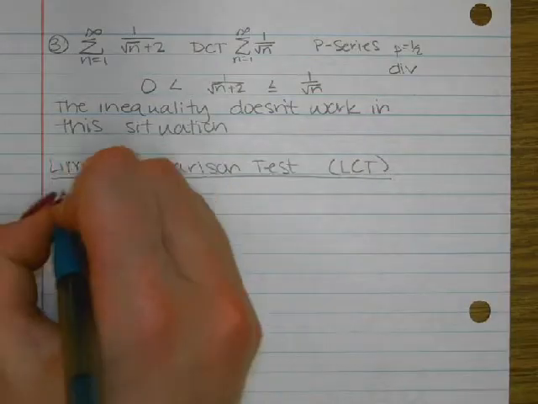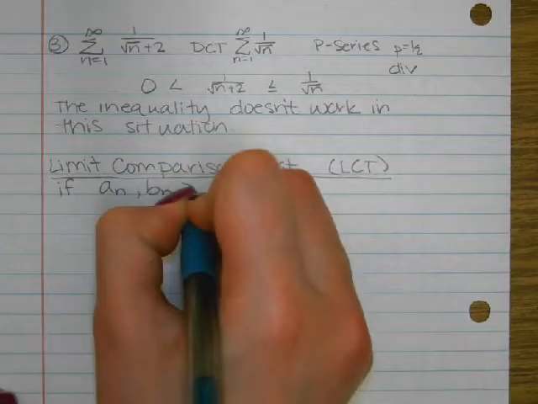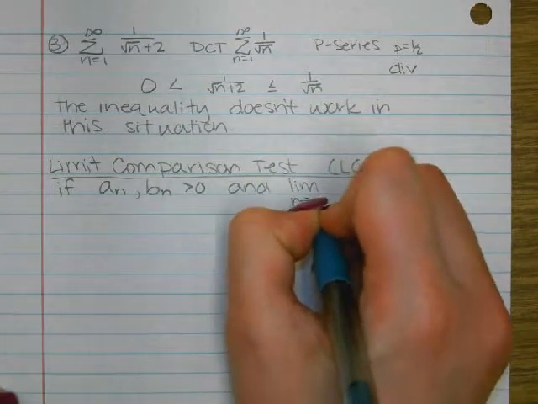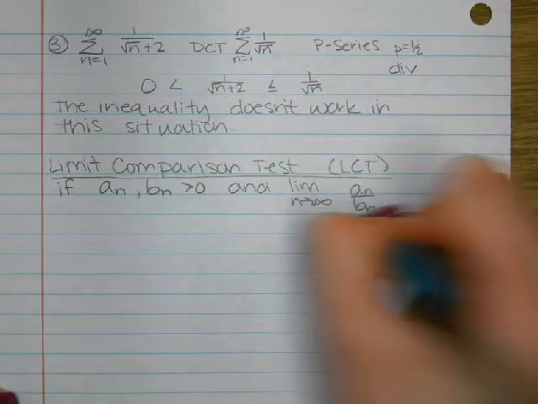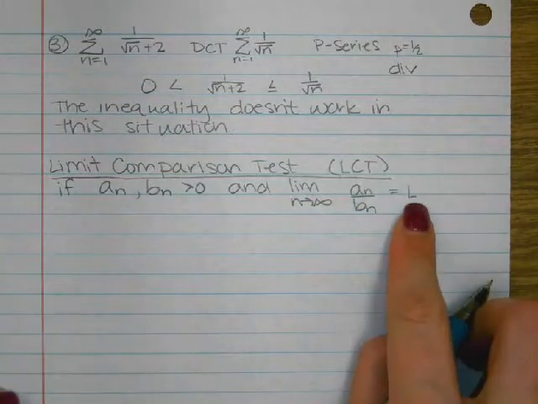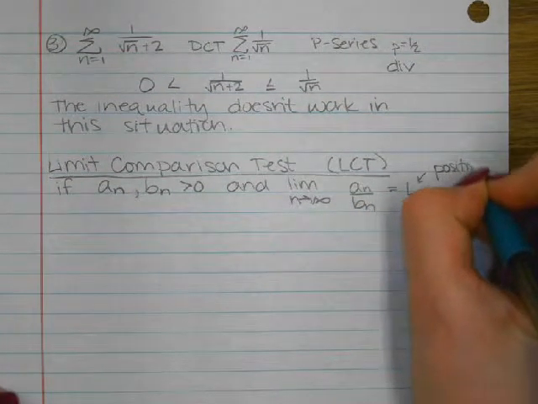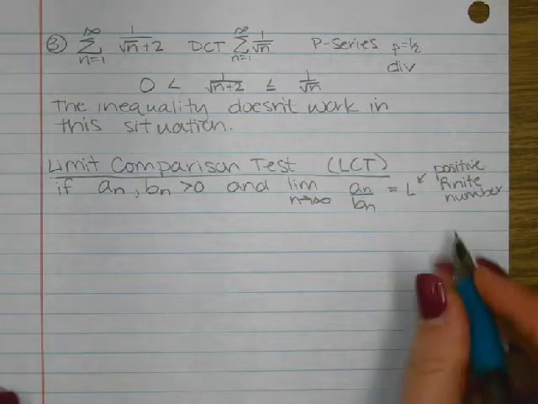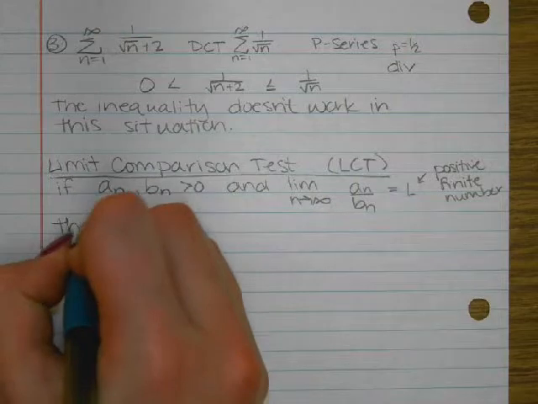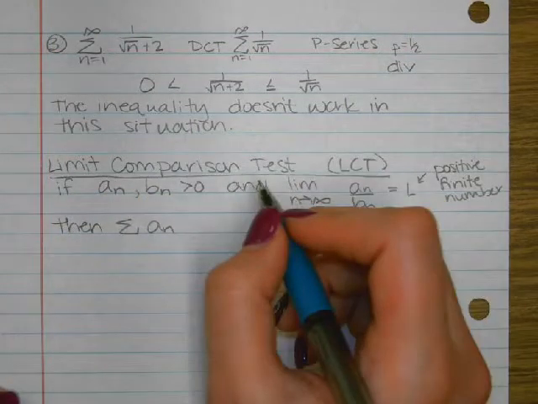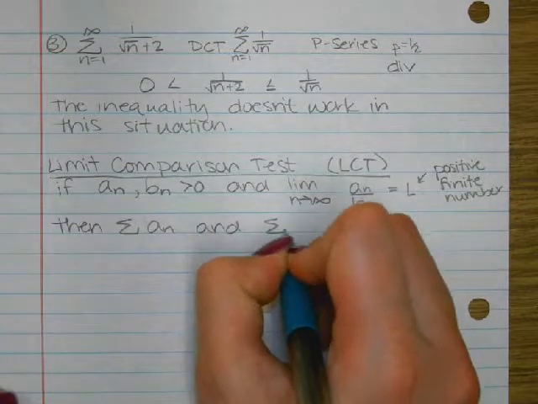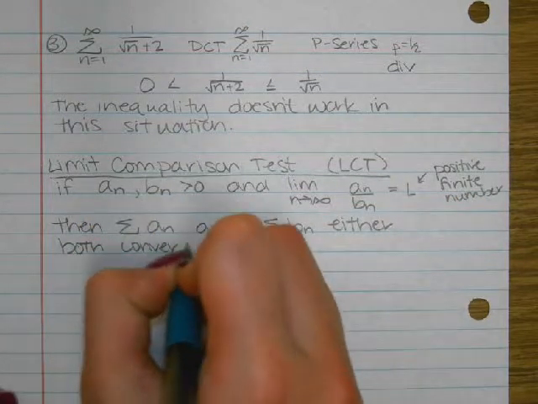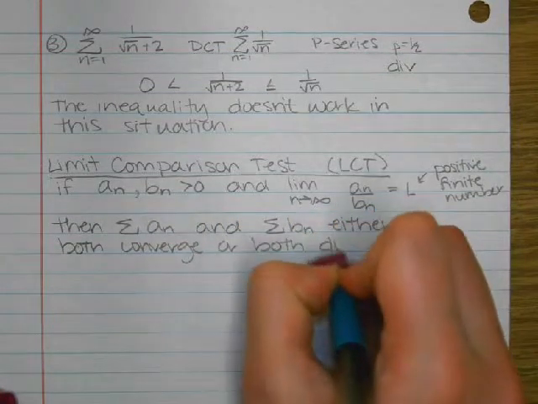The limit comparison test says that if both series are greater than 0, and the limit as n goes to infinity of the quotient of the two series is an actual positive finite number, so no infinities, then a sub n and b sub n either both converge or both diverge.